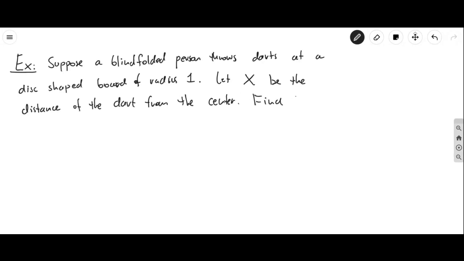So find the distribution. Let's find the distribution of x.